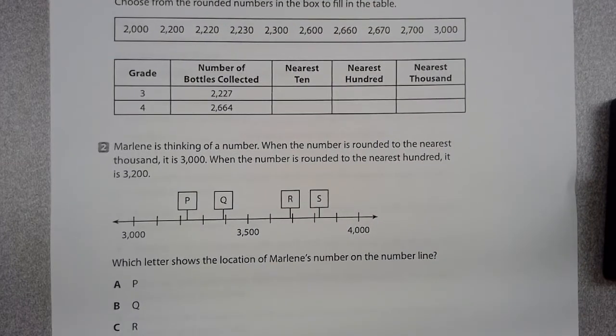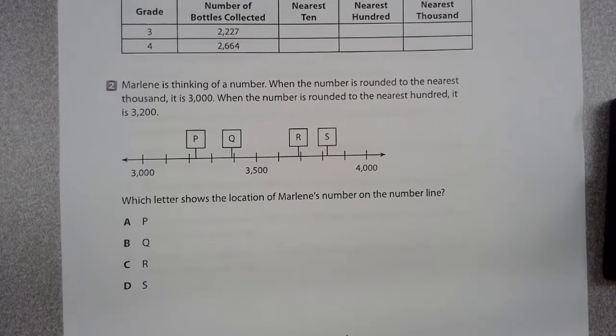Okay, number 2. Marilyn is thinking of a number. When the number is rounded to the nearest 1,000, it is 3,000. When the number is rounded to the nearest 100, it is 3,200. Which letter shows the location of Marilyn's number on the number line?